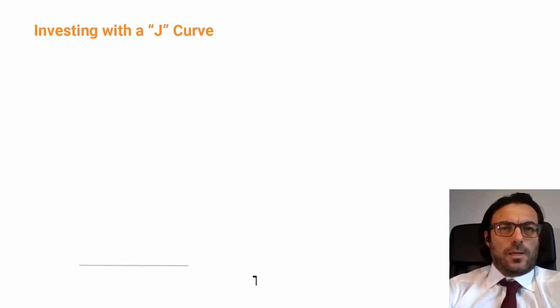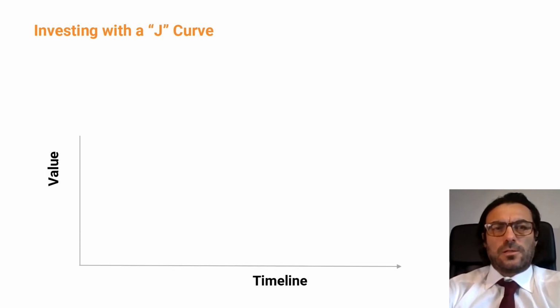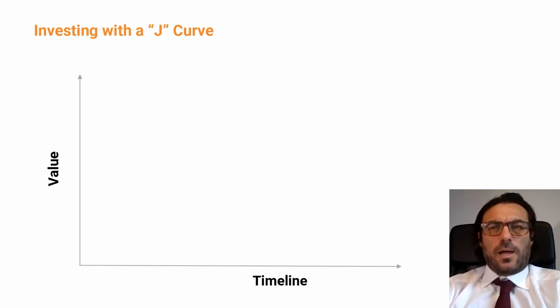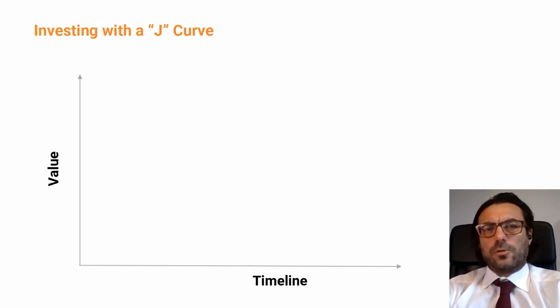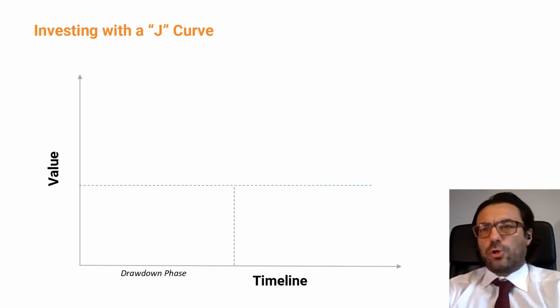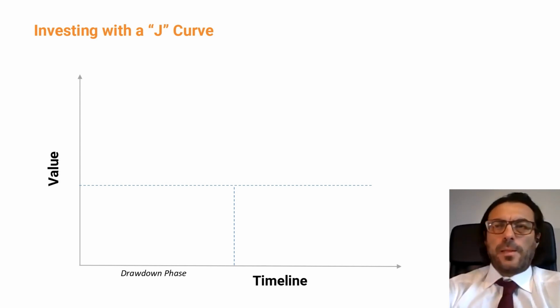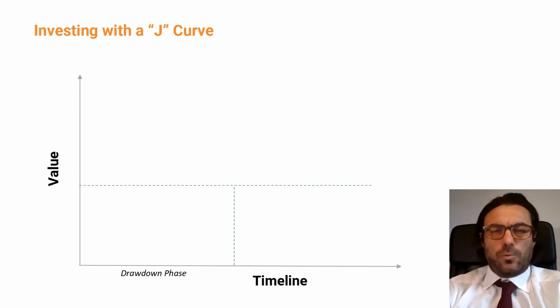We start with the J-curve. We're putting on a timeline the hypothetical value of the closed-ended fund and of an open-ended fund. Typically we divide this timeline into a drawdown phase, when we are building the position in the fund, and a harvesting phase, when we start receiving the returns.